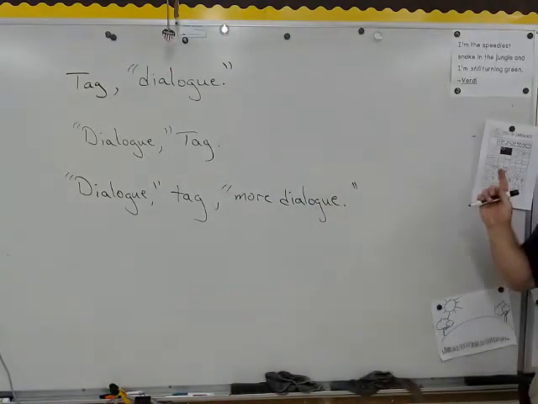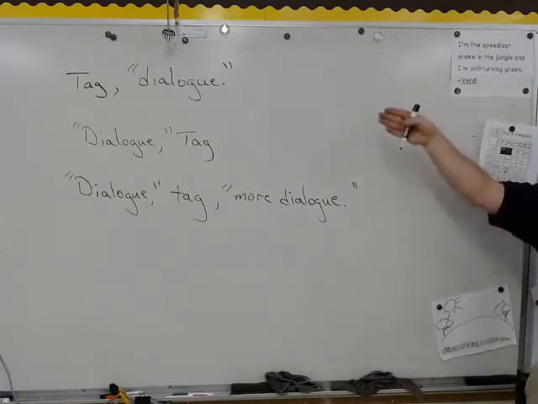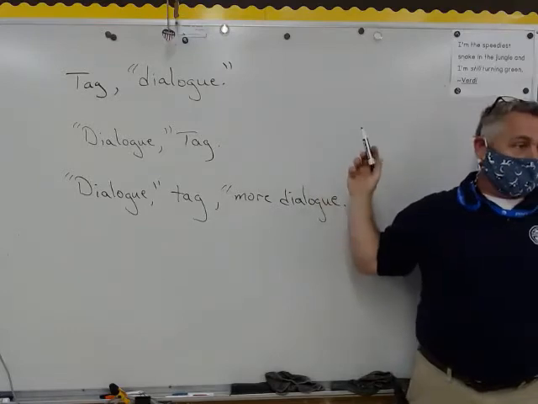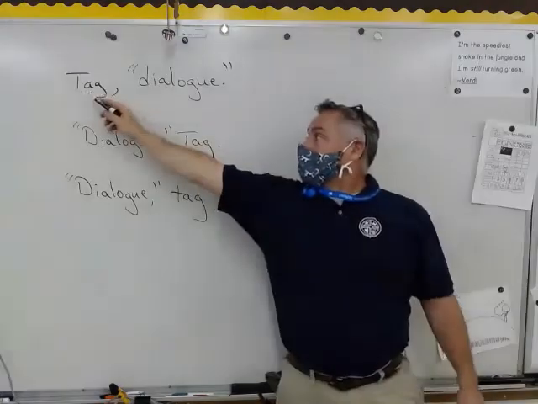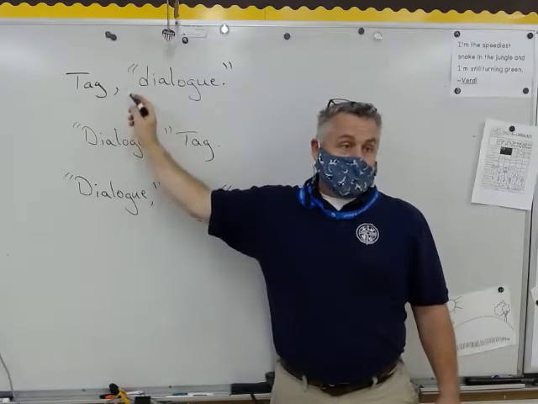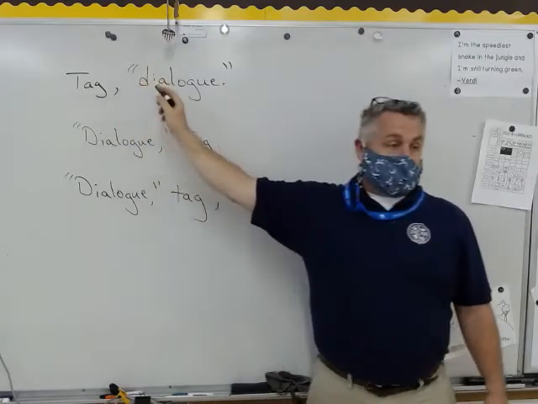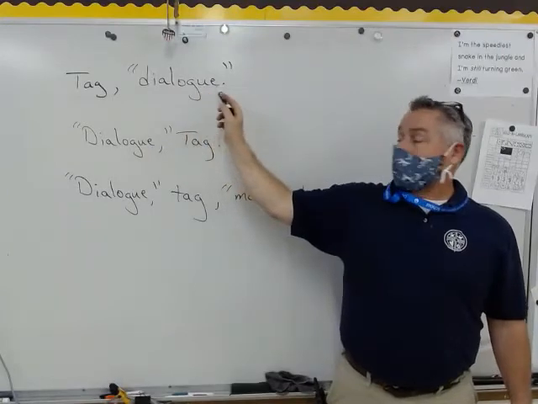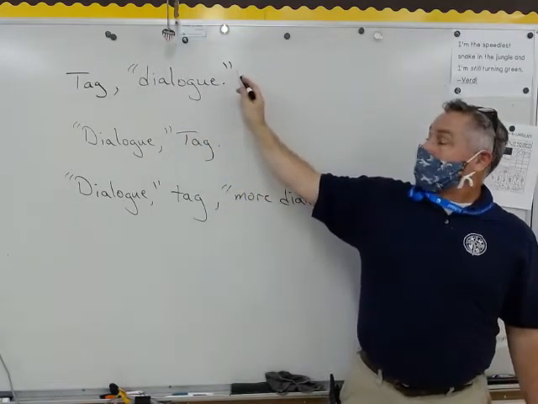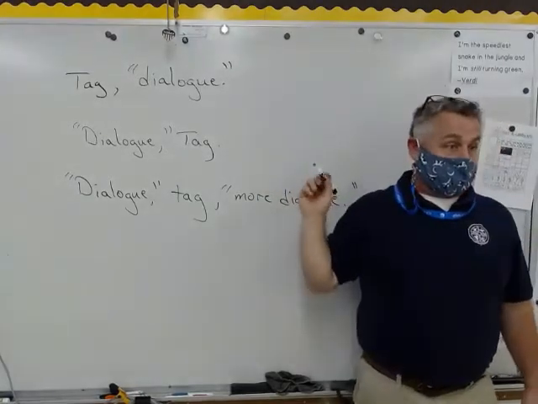And I use a whole bunch of different quotation marks to kind of mark how this is going to happen. Okay? If they use the tag first, they're going to tell you who's speaking, put a comma, start the quotation marks, say what the person's saying, add the end mark, and then put the closing quotation marks after it.